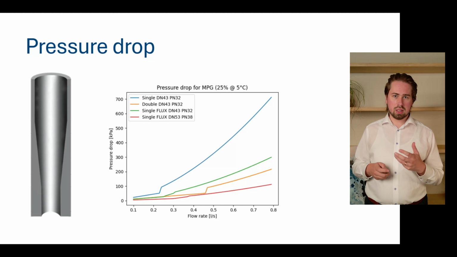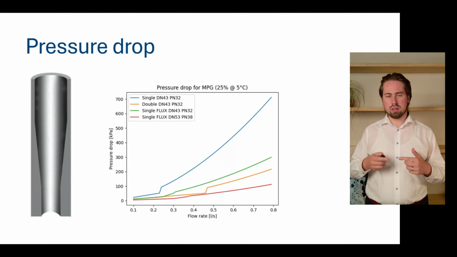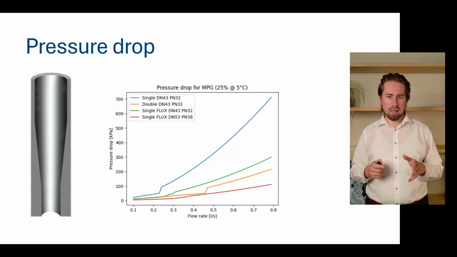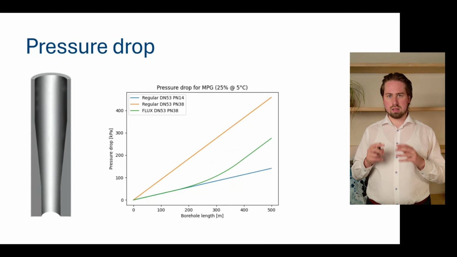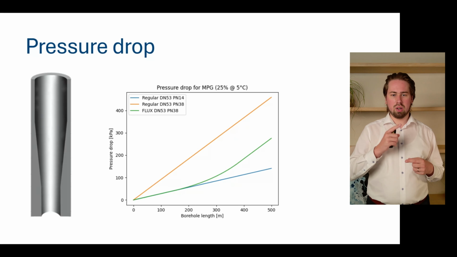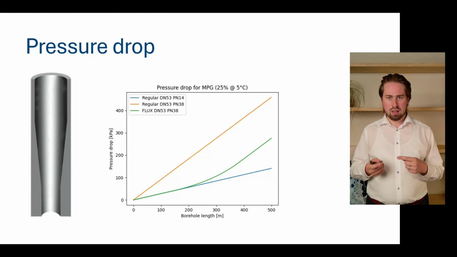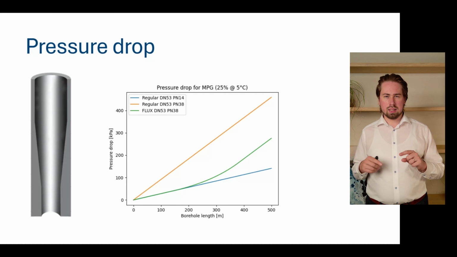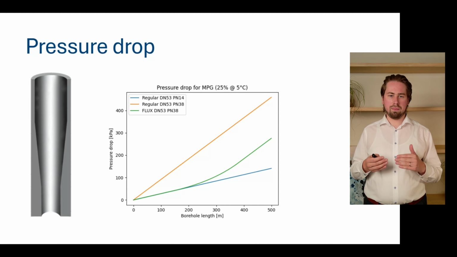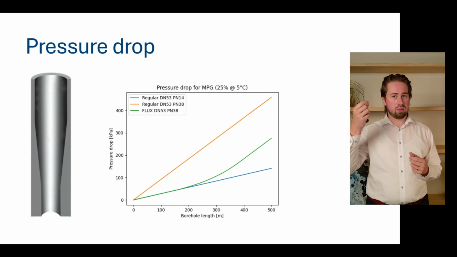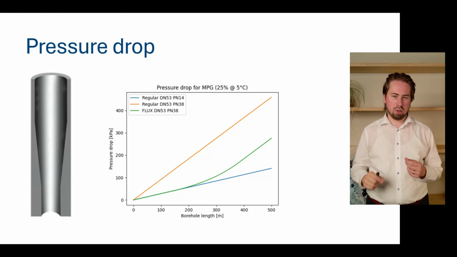And just to show this in a slightly different graph, instead of varying the flow rate for the same depth, let us take a look at this flux DN53, but now for different borehole lengths. And we plot the two other lines, basically asymptotes, for the PN14 and PN38, which are respectively the pressure rating at the top of this flux probe and at the bottom.